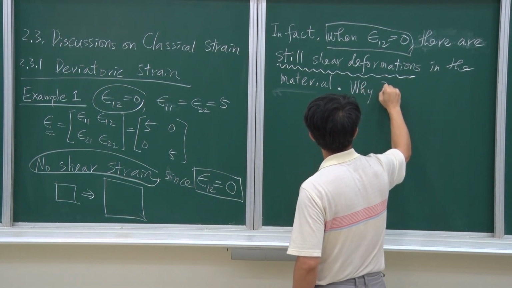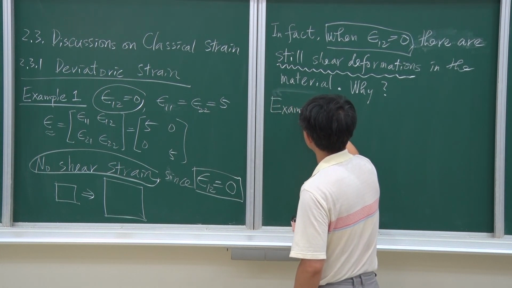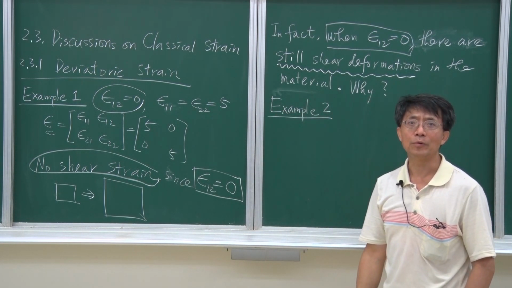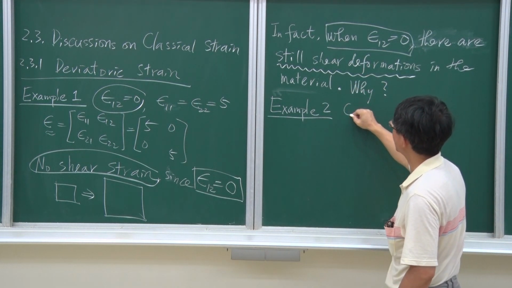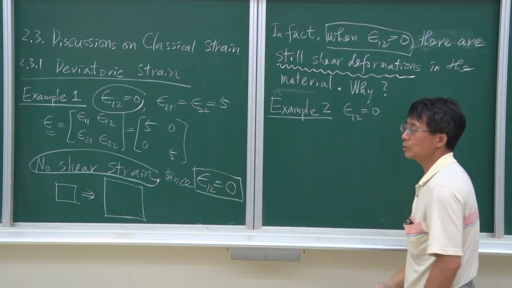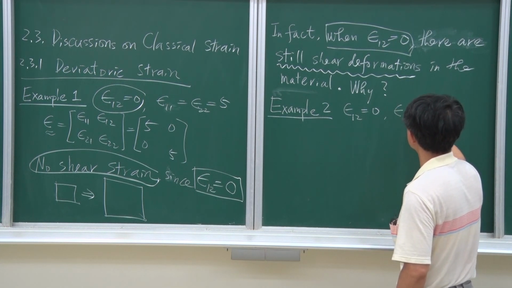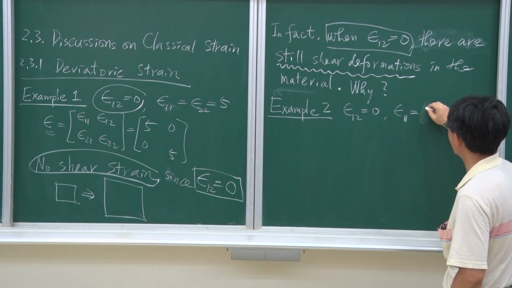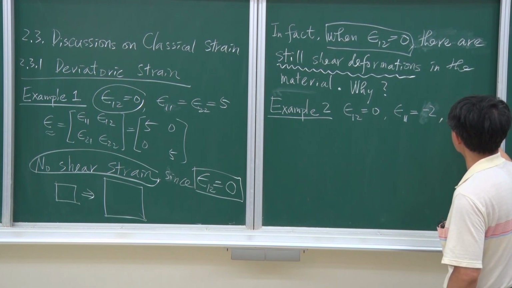Why? Example 2. I give you another example, and we'll find that this viewpoint is correct. For example, epsilon 1,2 is 0, and epsilon 1,1 is 1, epsilon 2,2 is minus 2.